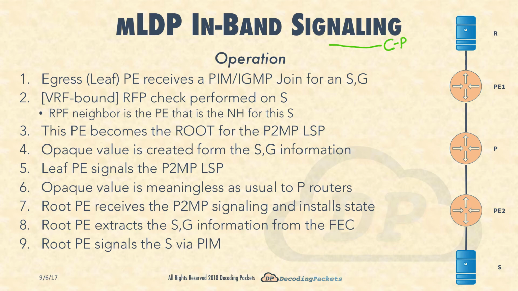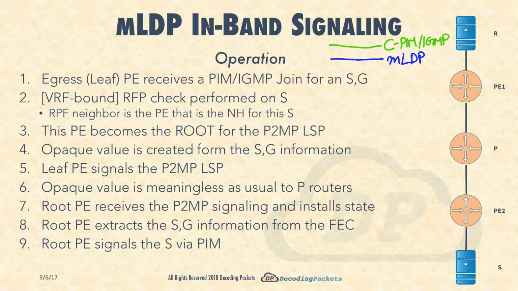So this could be C-PIM or this could be IGMP traffic. In this case, it's IGMP because I have the receiver connected directly to the PE. But you also have the blue, and that is going to be the MLDP traffic, right? So keep those in mind as you go through this.